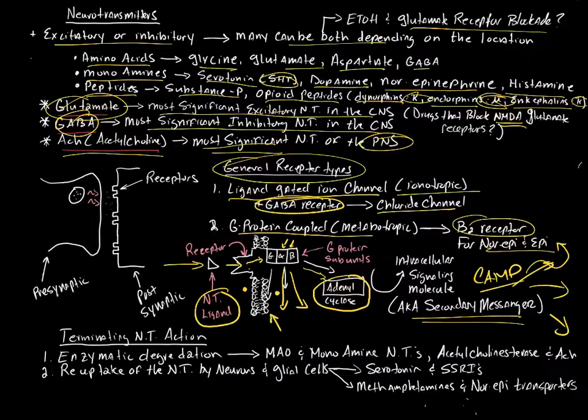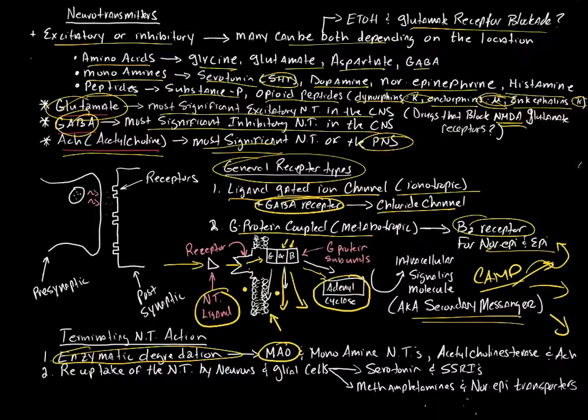Okay. So how do I terminate this, right? So the neurotransmitter gets released, but how do I reset things within the synapse? Well, there are a few things. I can use enzymes to degrade the neurotransmitters. And some examples of that might be an enzyme known as monoamine oxidase, or MAO.